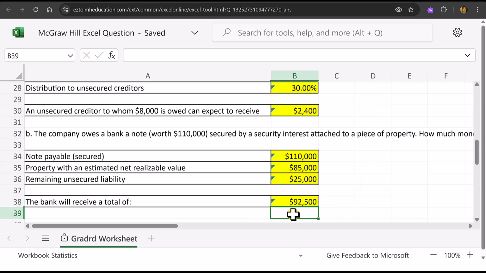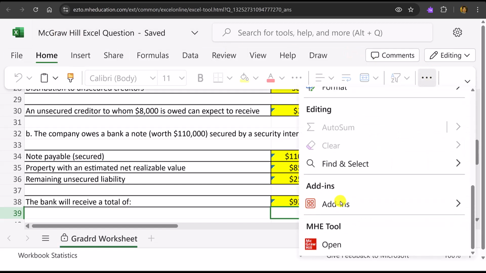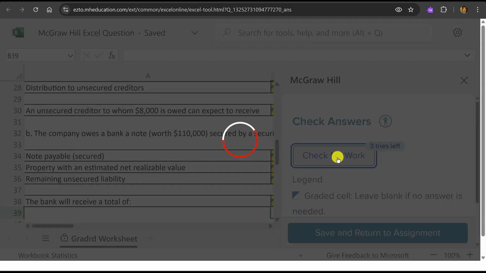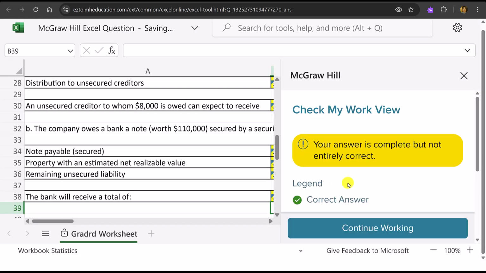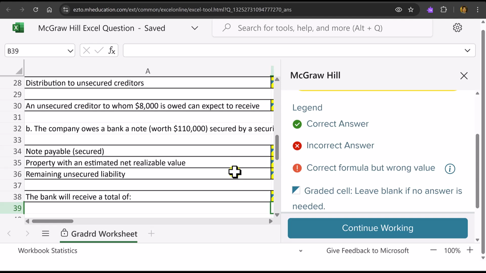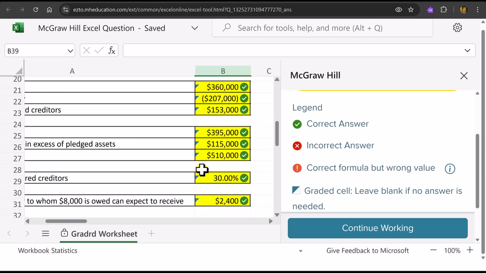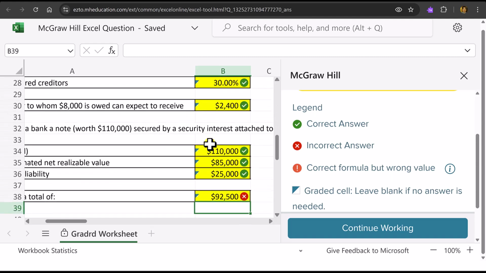Okay, 92,500 out of the total 110 that was owed to the bank. So let's check our work here. And I don't have it perfect. So let's see what's wrong here. Everything except this last one here.